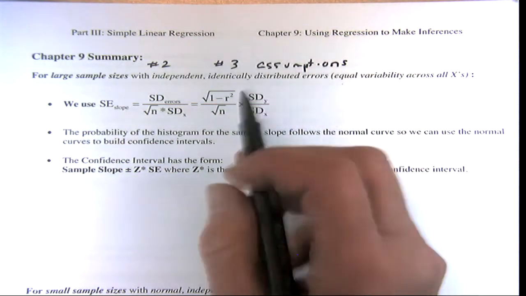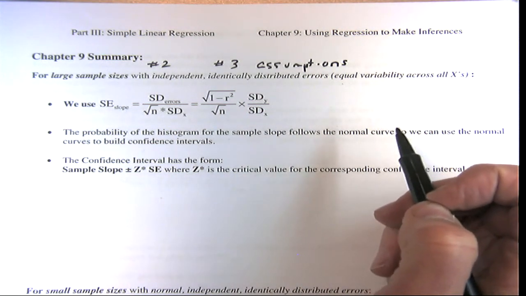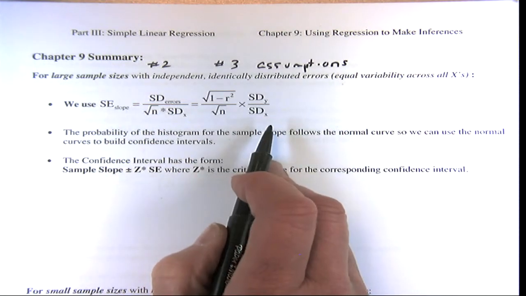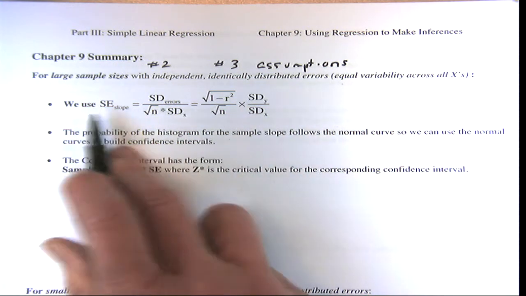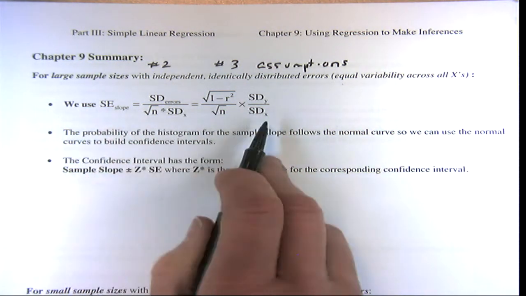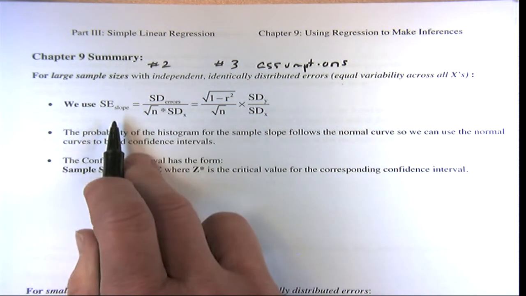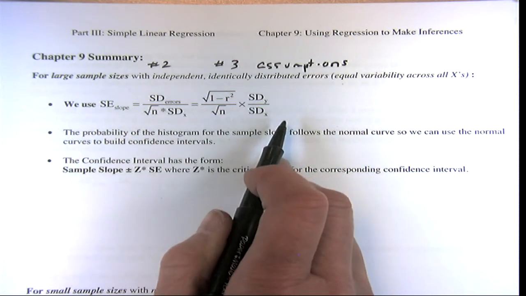To do this regression inference, we use this, right? We haven't used number 4 yet, normality. So this is all we need to do to compute a standard error for the slope right here.